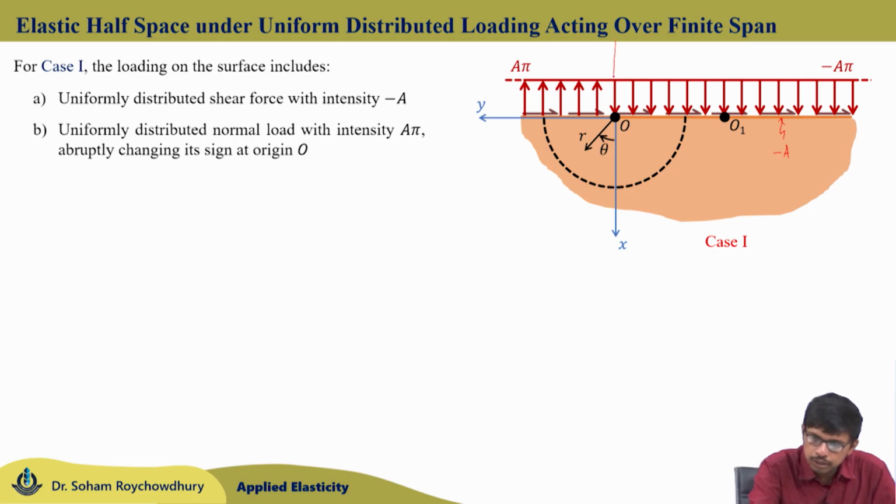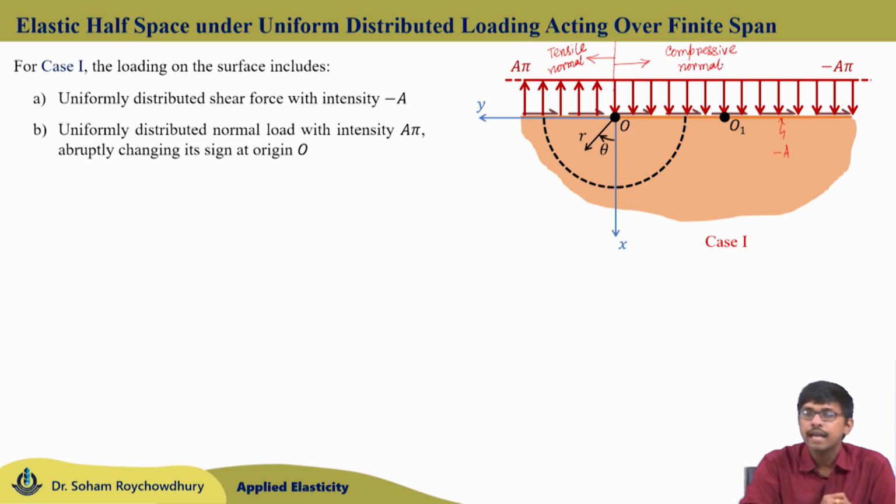So, towards the left of point O, we have a tensile normal load of constant intensity A pi. Towards the negative y axis, to the right side of point O, we have a compressive normal load of uniformly distributed intensity A pi. Minus means it is compressive in nature.